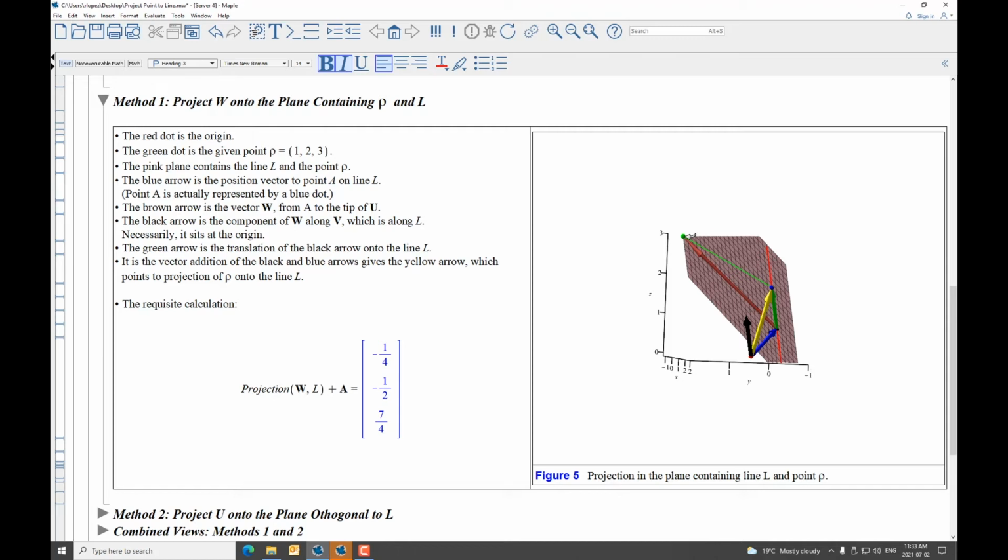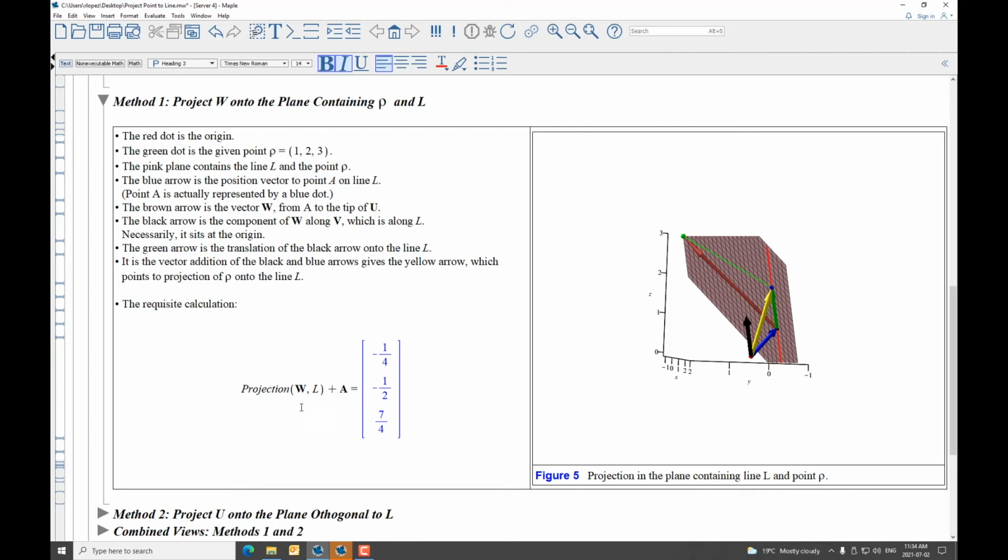So green here is going to get projected. This is the line. This is the origin. This blue vector is the position vector from the origin to the point A. And this is the vector W. I think it's brown.